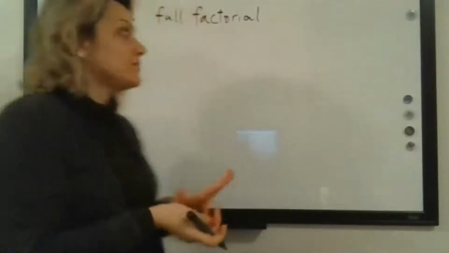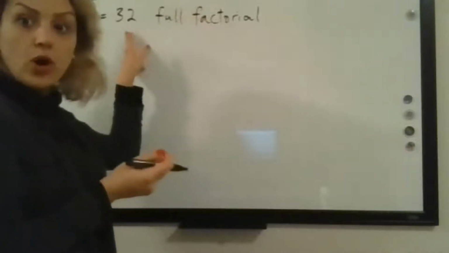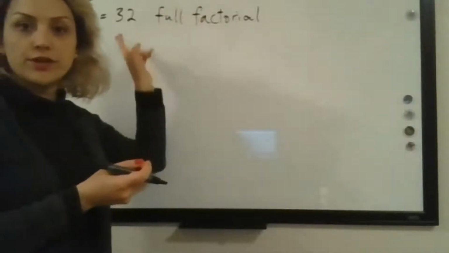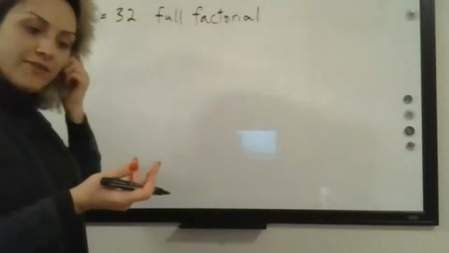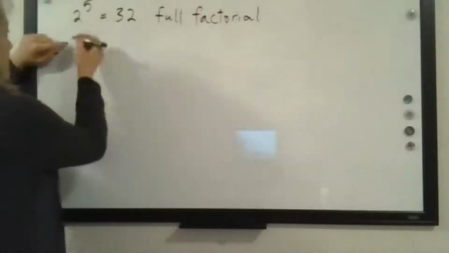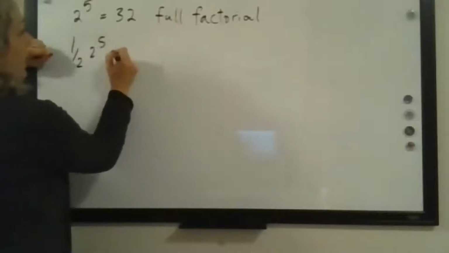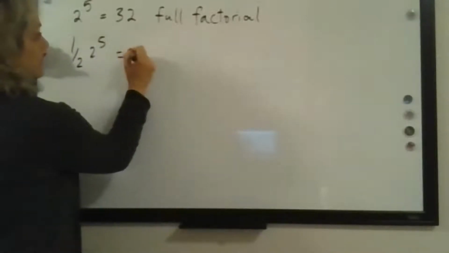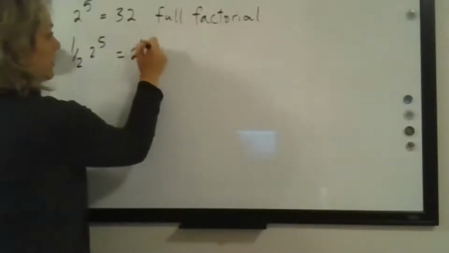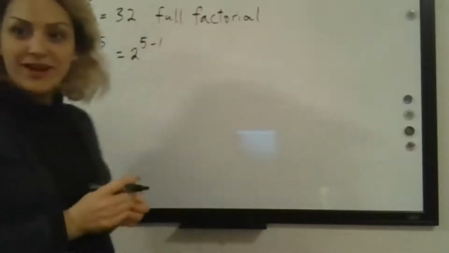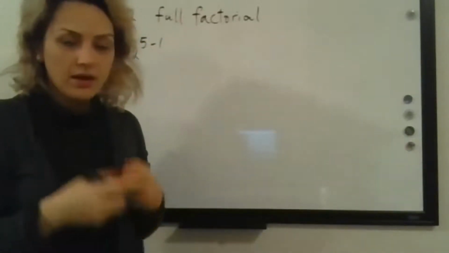So in that case, you would need a quarter of this full factorial. The way that we have it in the notes is that half of this 2 power 5 can be written as 2 power 5 minus 1, which is going to be 16.